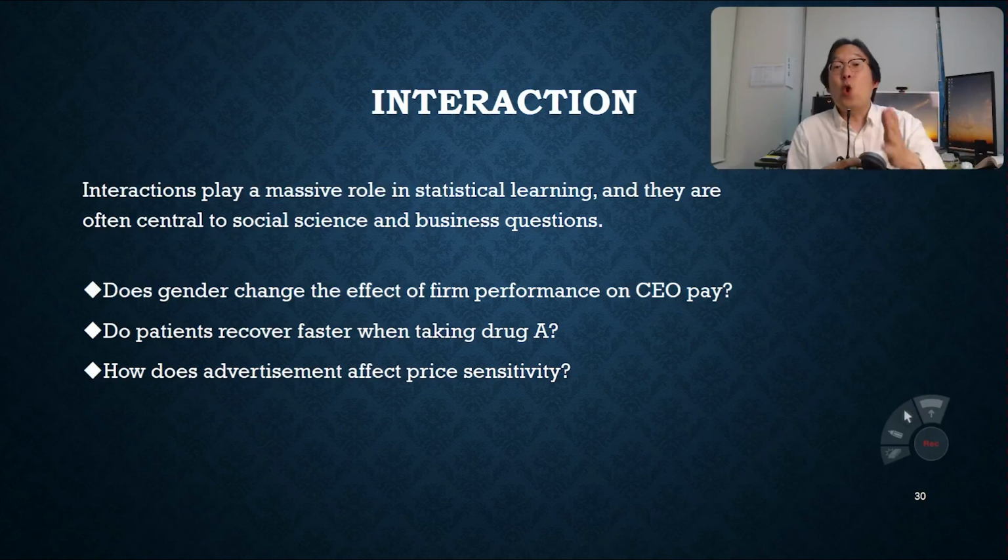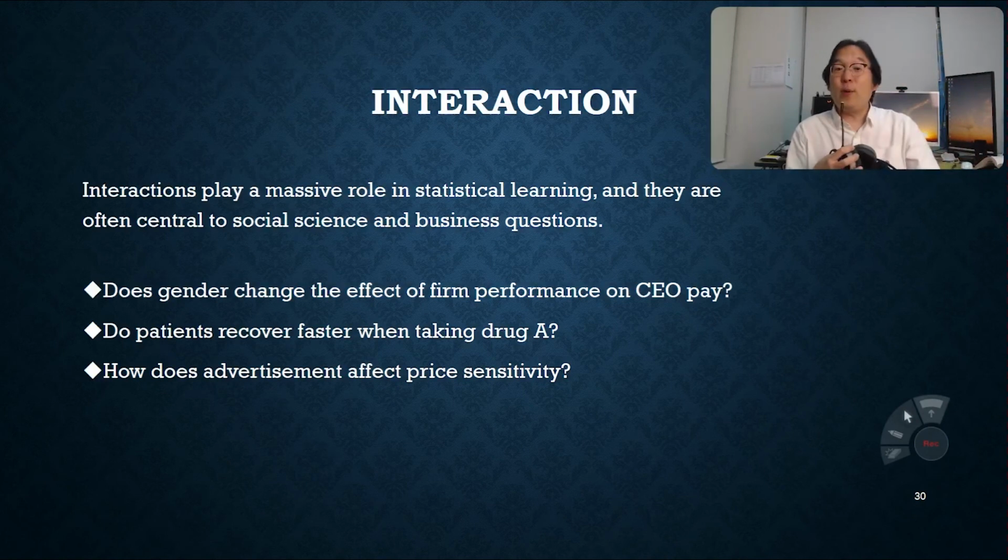So strong governance. The company's CEO pay is much more sensitive to company performance, right? Interesting thing could be, well, male CEO versus female CEO, right? In which setting, which gender, the pay performance sensitivity is bigger, right? Could be a valid question.